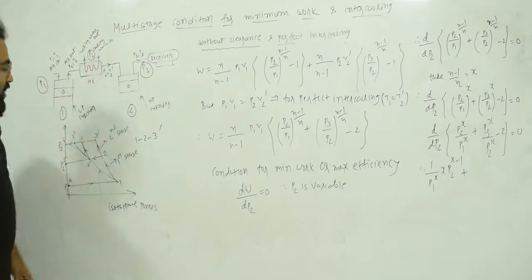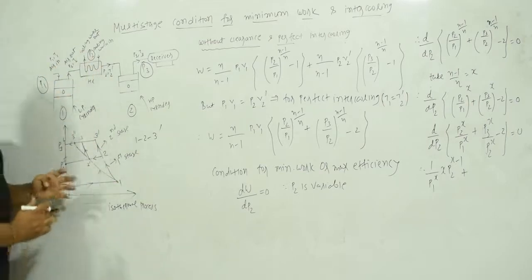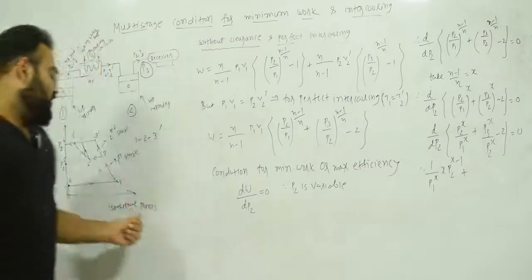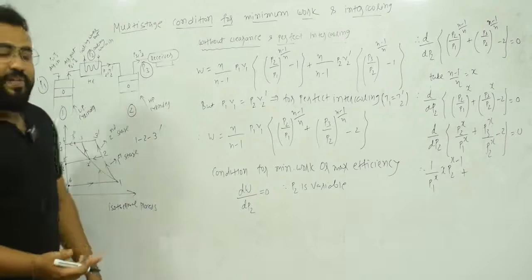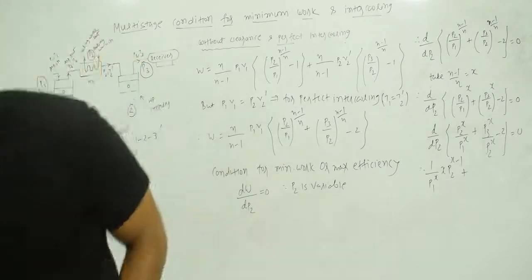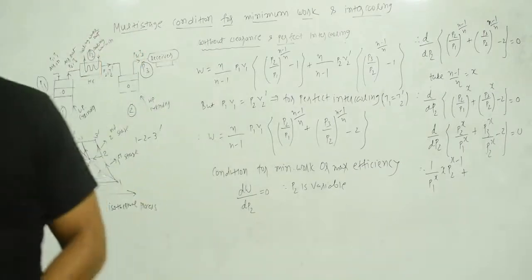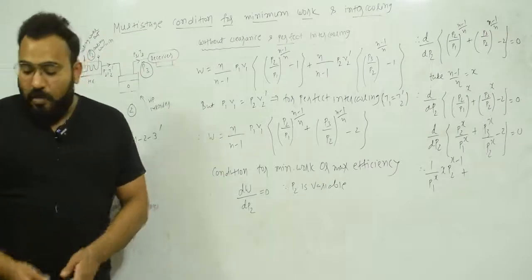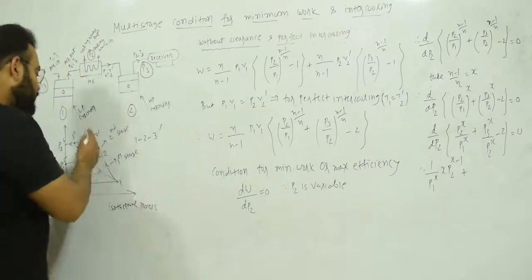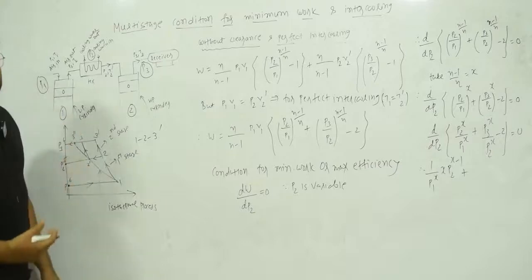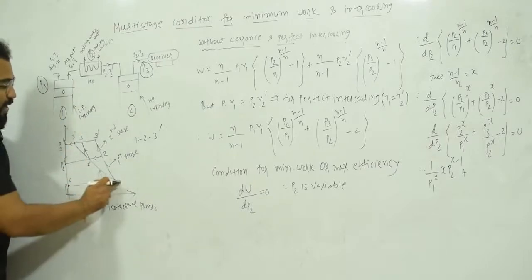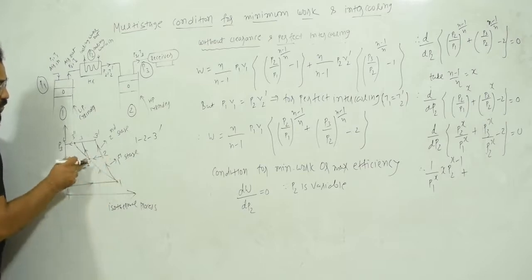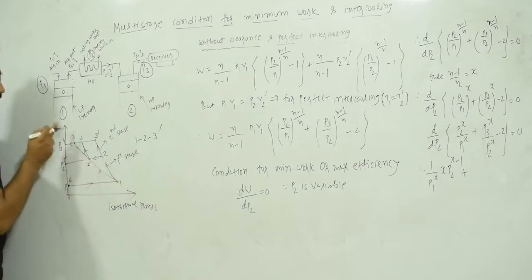So now you will get why we are doing multi-staging, because if you do single stage, there you get the maximum area under the curve. That means you have to do maximum work. Now what we are going to do over here is compression in multi-stage: 6 to 1, 1 to 2, 2 to 2 dash, 2 dash to 3, and 3 to 4.